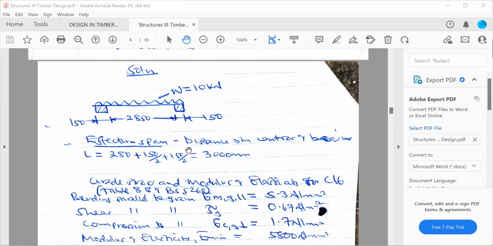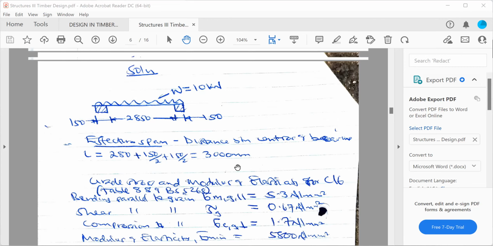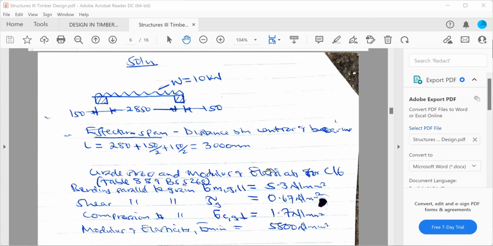Now, procedure number 2 is grade stress and modulus of elasticity. The most important thing here is that our timber is class 16. We go to the table and obtain the grade stresses and modulus of elasticity for class C16.